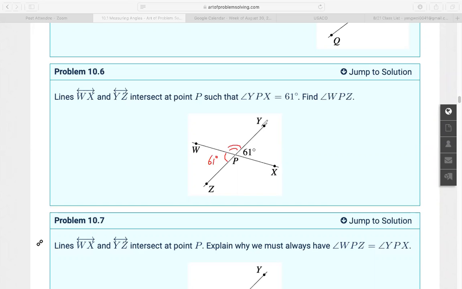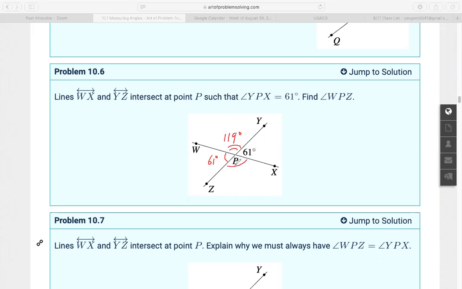Yes, Sophie, you're right. Julia also got it correct. This one equals 119 degrees, because this angle equals 180 minus 61 degrees. That equals 119 degrees.